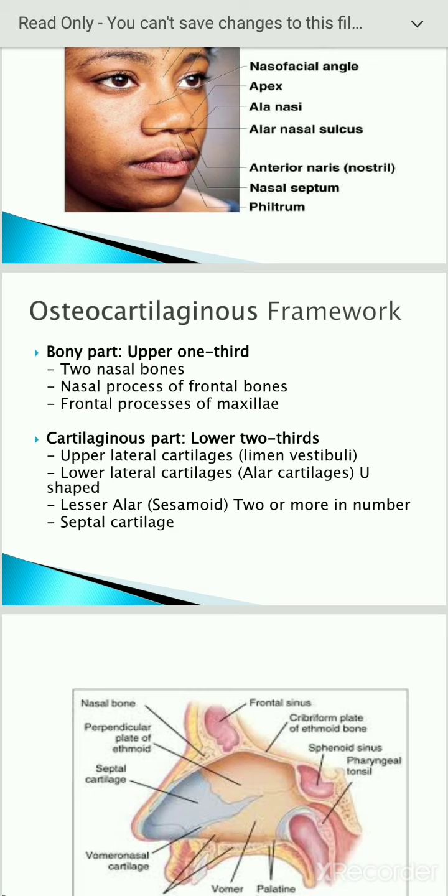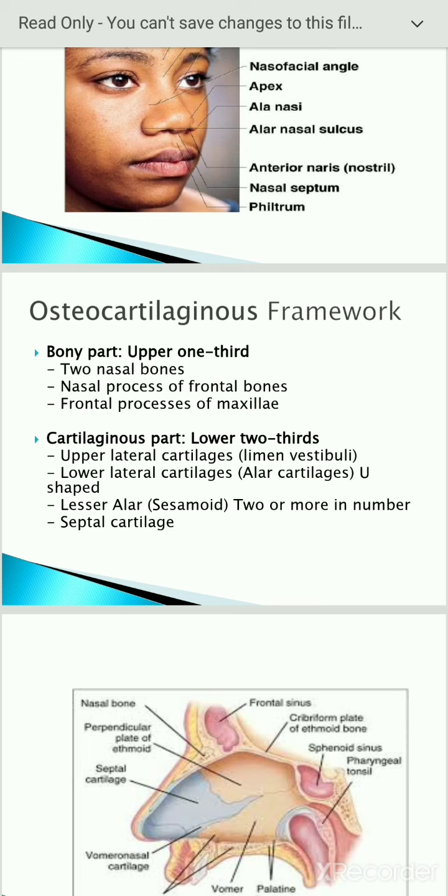Now when we see this external nose, this framework is made by bony part and cartilaginous part, and jointly it is known as osteocartilaginous framework.